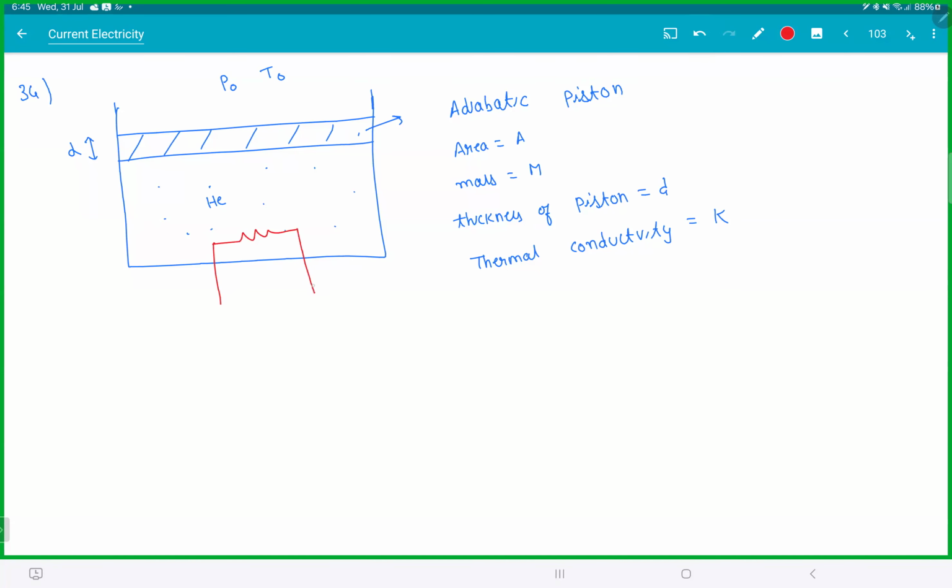Basically, that's a resistor. So you're sending current I and this is R. This is helium gas with N moles. This is also an insulated container, so heat cannot escape outside. Outside is atmospheric pressure P naught and some temperature T naught.